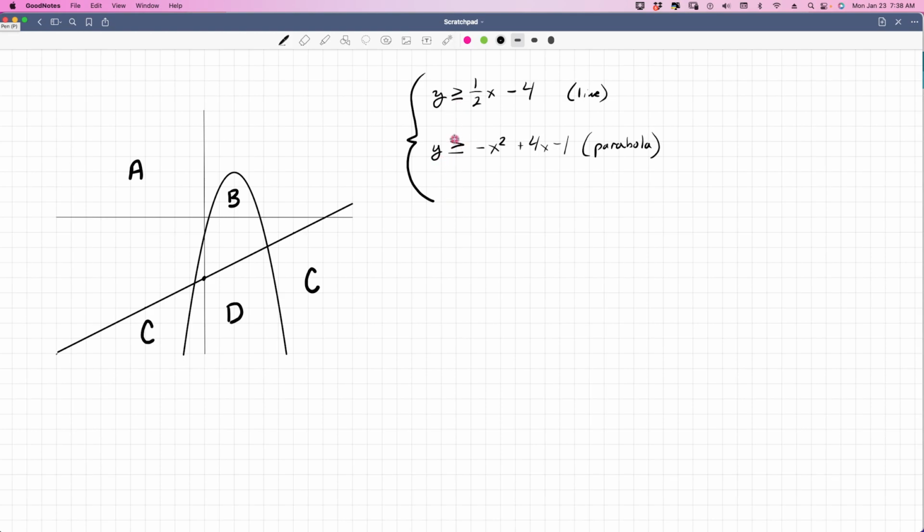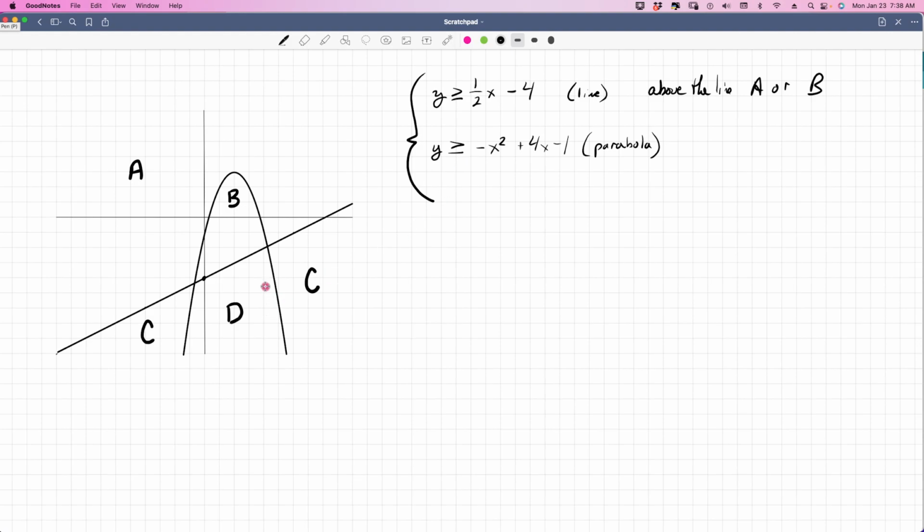And y is greater than or equal to, so we know everything above the line satisfies this, right? So we can write above the line would be A or B. It's either A or B. So now we have to figure out if this is included. Is B satisfying this right here?